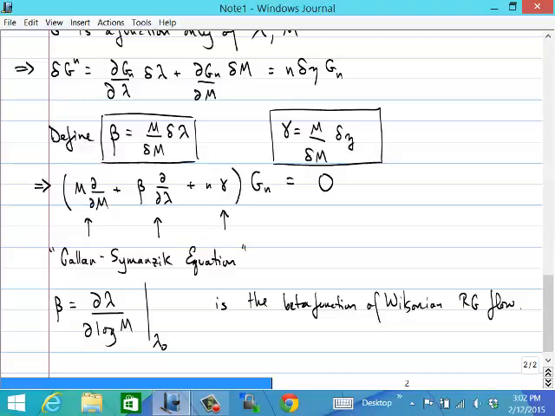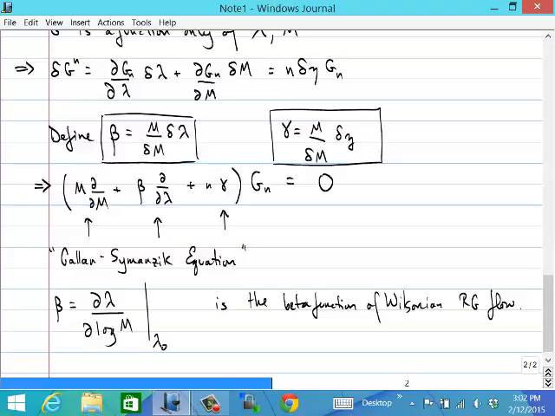In Wilsonian RG flow, the beta function was interpreted as the way that the coefficients in the effective action at low energy change when you integrate out the UV degrees of freedom above some scale m. Here, this beta function is defined to be the change in the physical low energy effective coupling as you vary the renormalization scale m. But it turns out to be exactly the same thing.